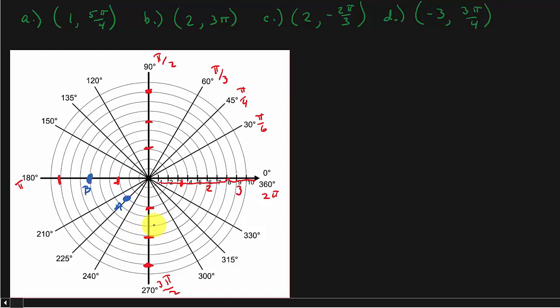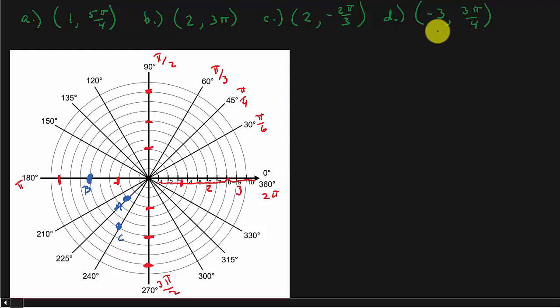Now, what's 2 pi over 3? If you can do that real quick in your head, that's 120 degrees. So we have to rotate negative 120, coming this way, and that would be right here. And so that's C.